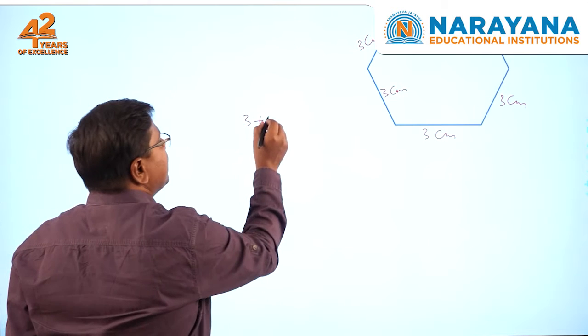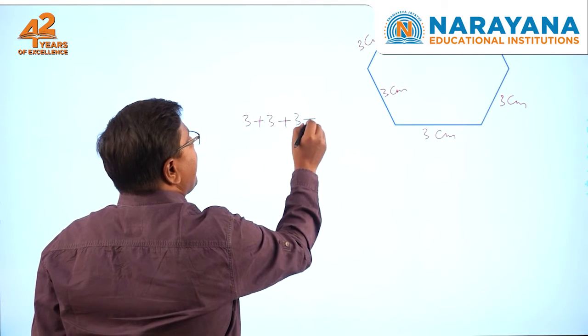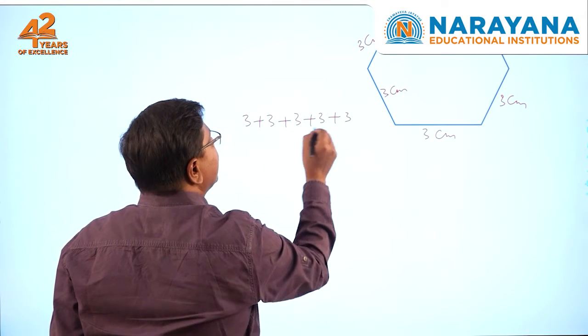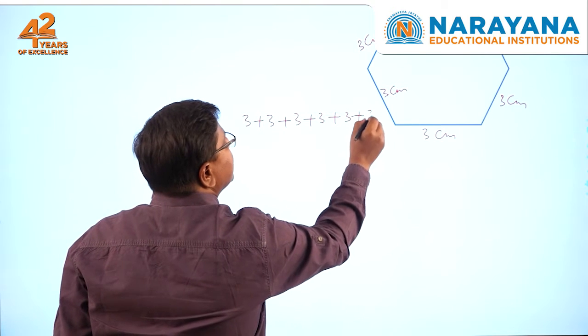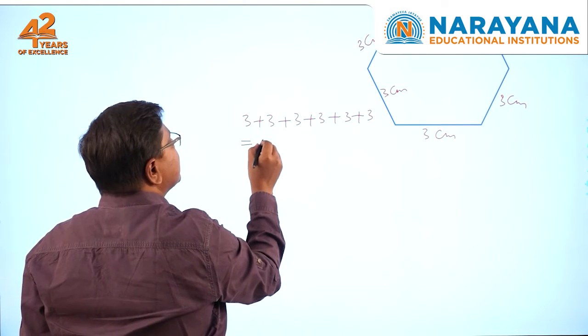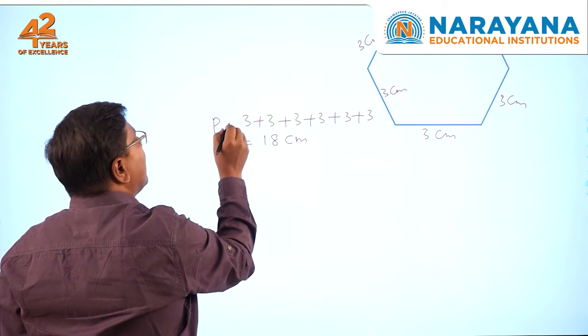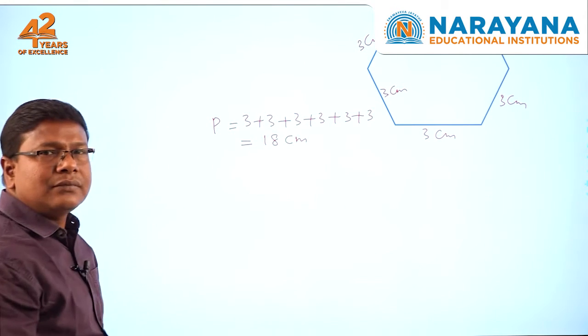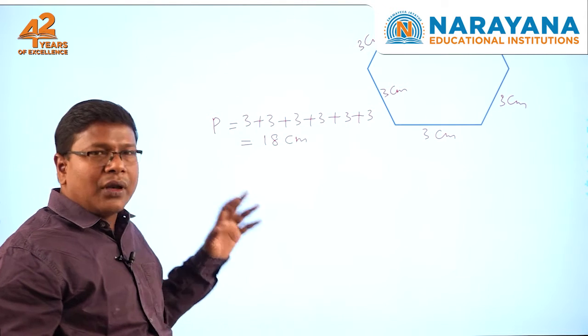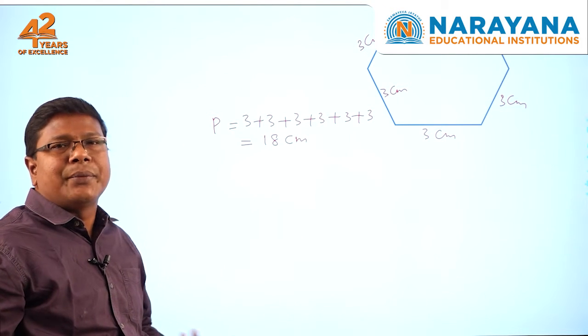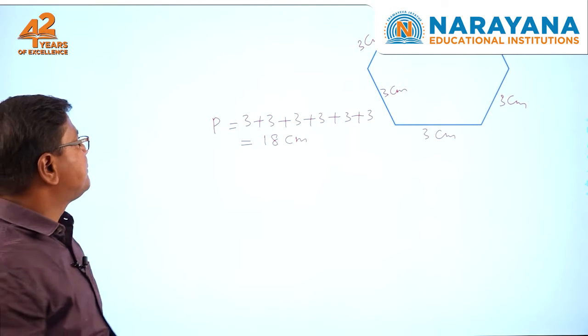There are 6 sides, 3 plus 3 plus 3 plus 3 plus 3 plus 3, there are 6 threes, which is 18 centimeters, the perimeter of that shape, okay. It is simple, in polygons adding the lengths gives the perimeter of that shape, right.